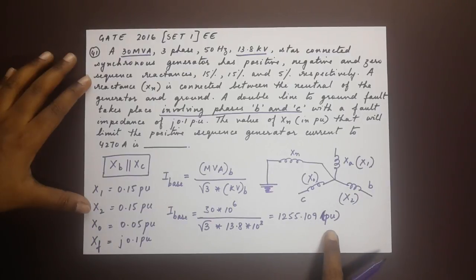Okay, so now we have our base current. The next thing we need to find is the positive sequence current with respect to the base current. I'll just take another piece of paper here.